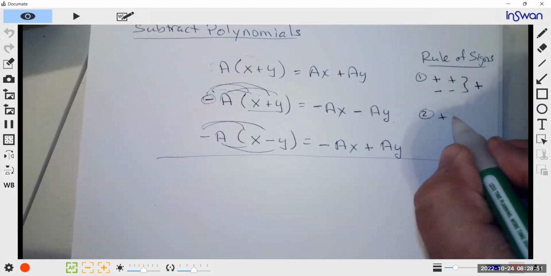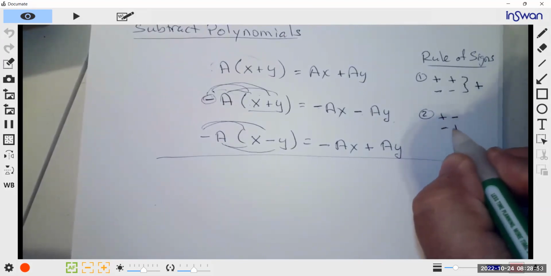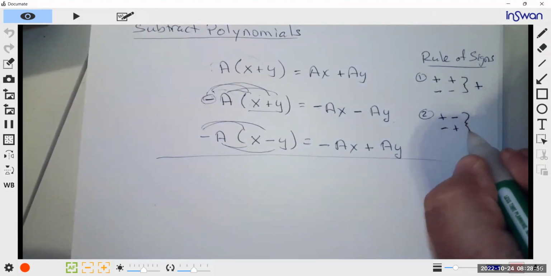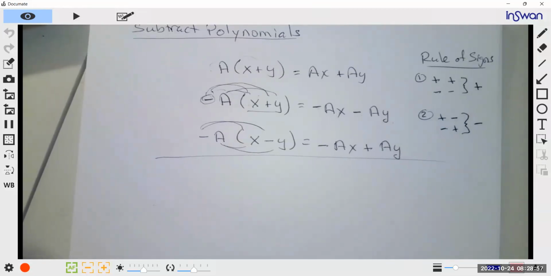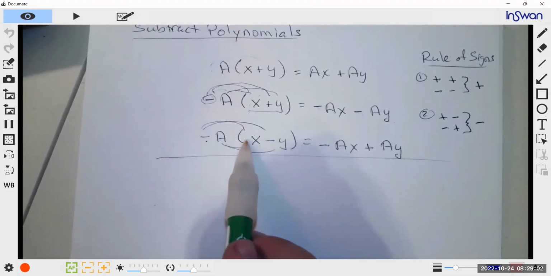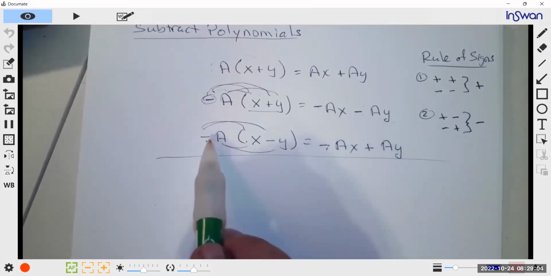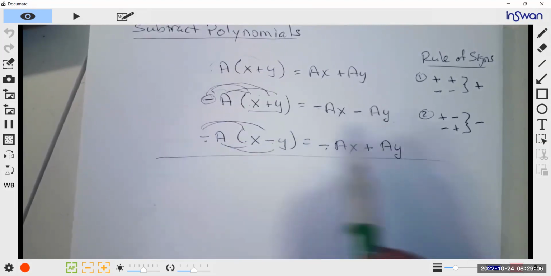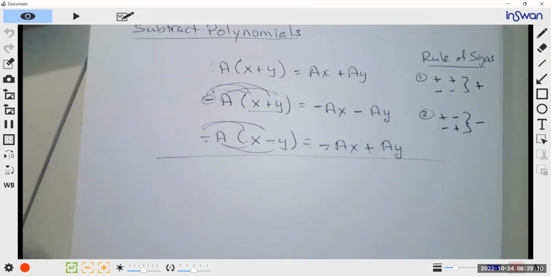If the signs are different, they become a negative. That's the rule of multiplying signs. Negative times positive is a negative. Negative times negative, they're both the same, it becomes a positive. You can only have one sign between any two terms.